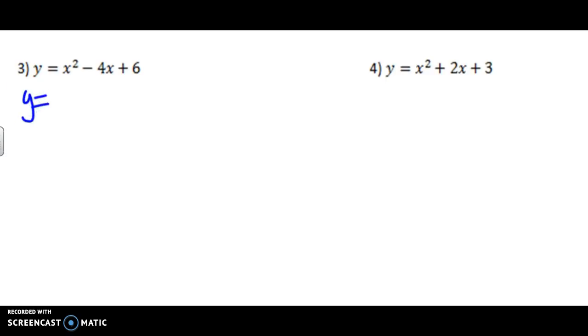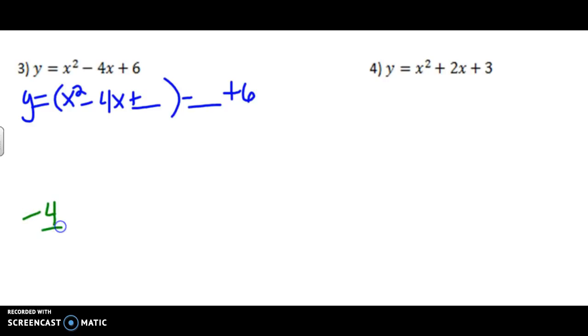Okay, a couple more. Y equals, I'll do one more with you and then let you do the other one on your own. X squared minus 4x plus blank minus blank plus 6. Off to the side, negative 4 divided by 2 gives me negative 2 that I'm going to square. So my blank number is a positive 4, and my cheat number is a negative 2.